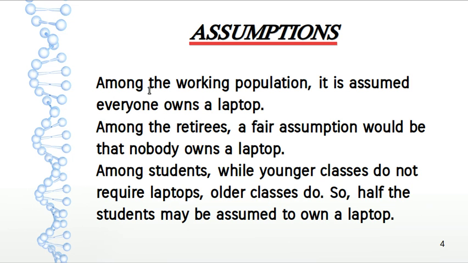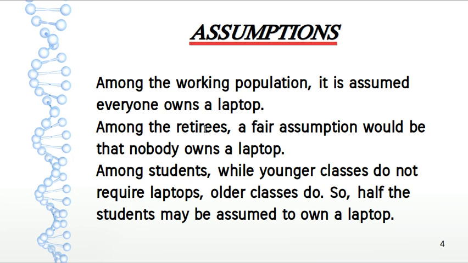Now among the working population, it is assumed that everyone owns a laptop, and among the retirees, a fair assumption would be that nobody owns a laptop because they are retired and do not require a laptop. So we will assume that the 30% of the population don't own a laptop.